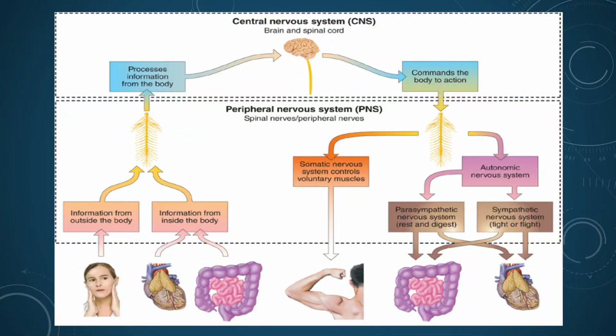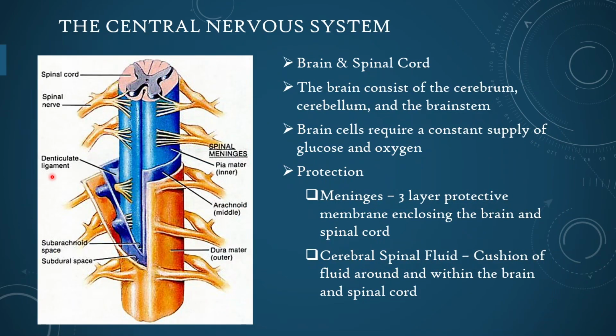All right, the nervous system as a whole can be divided again into both the CNS and the PNS. All right, so you have the brain and spinal cord. The brain consists of the cerebrum, cerebellum, and the brainstem. Brain cells require a constant supply of glucose and oxygen, and the brain can't make its own glucose, so it relies on the body to do that.